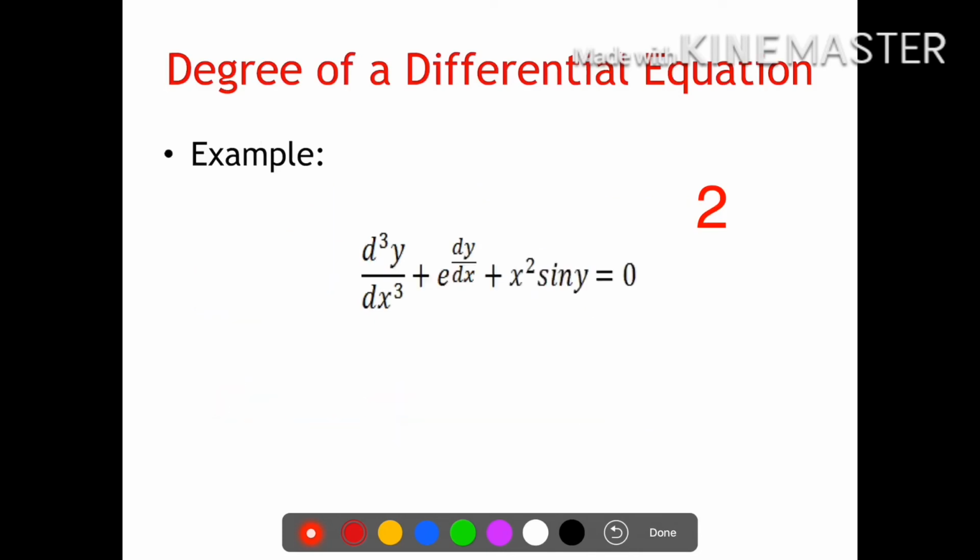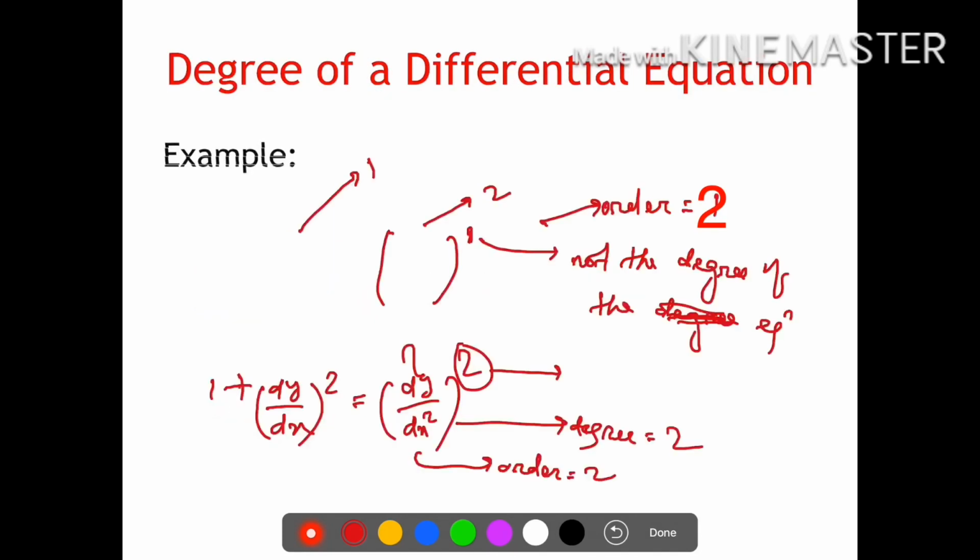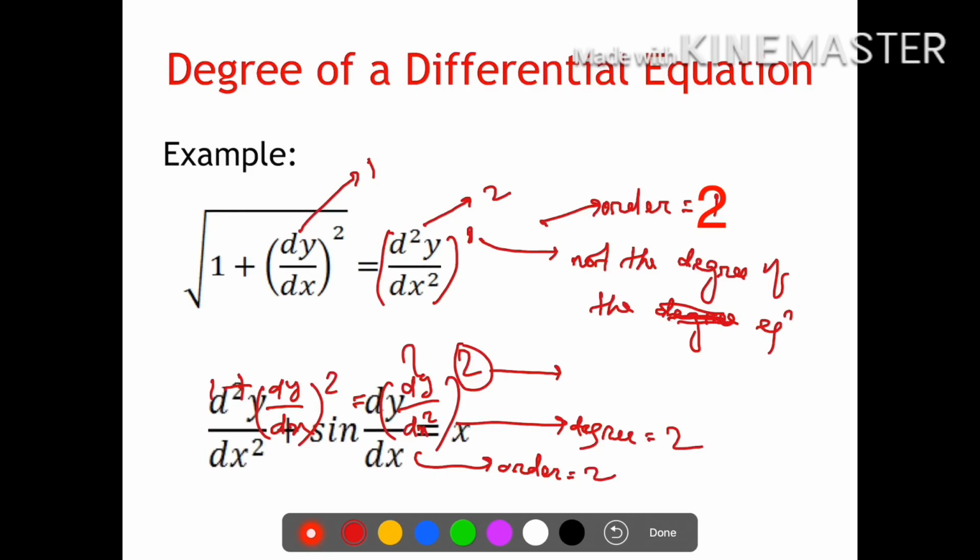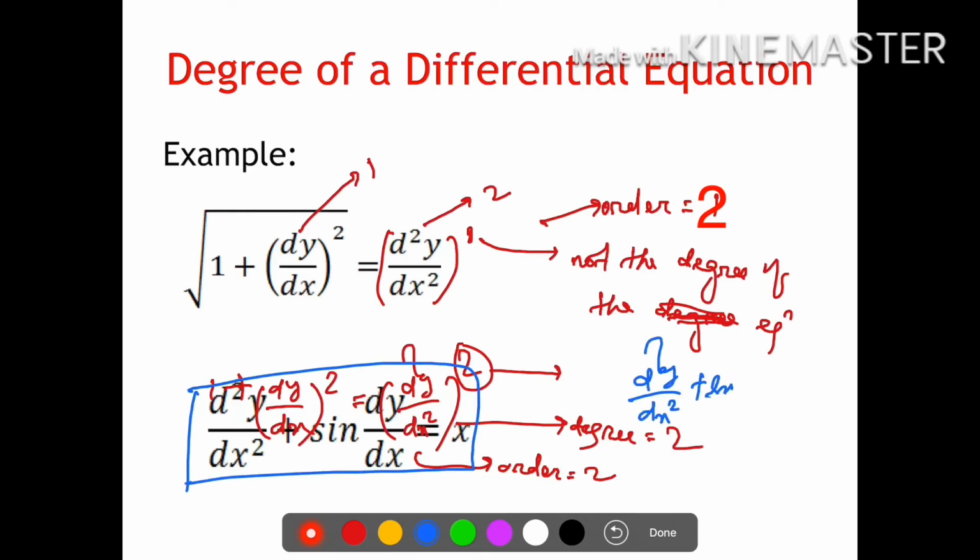Let us take one more example. Suppose I am taking this equation: d^2y/dx^2 + sin(dy/dx) = x. This is the equation. The order of this equation is 2. But for the degree, let us check.